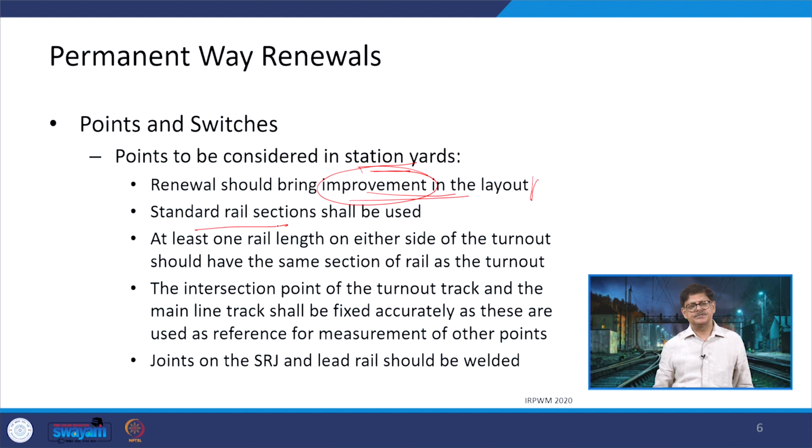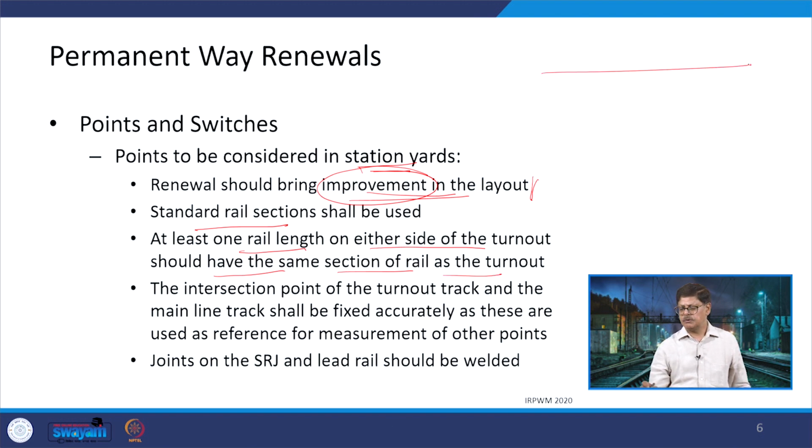Standard rail sections shall be used, and these standard rail sections are already notified on the Indian Railways by RDSO, and when we discussed the various rail sections, at that time we looked at different types of sections. At least one rail length on either side of the turnout should have the same section of rail as the turnout.